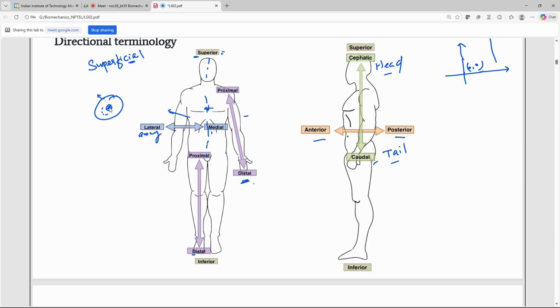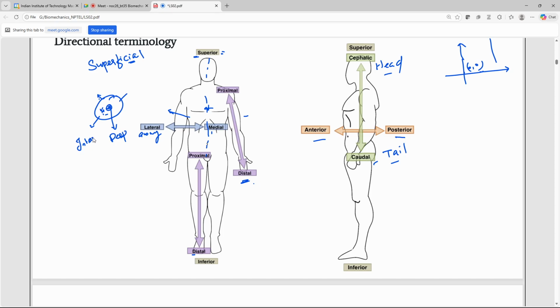And deep is something going inside this cross section. So this bone, for example, is kind of deep. It is seated deeply. In medical reports, they will say some tumor is seated deeply in this position, meaning going inside the body. Something between superficial and deep is called intermediate.